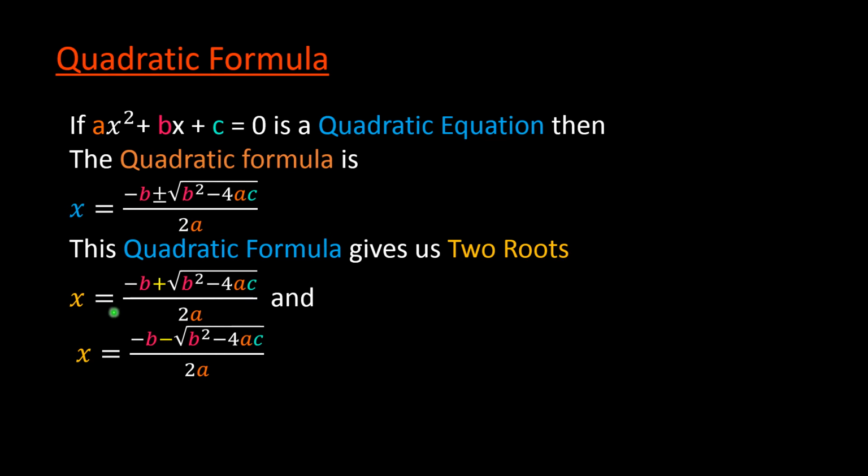In the first root there is a plus sign here, and in the second root there is a minus sign here. Now, by using the values of a, b and c in here, we can evaluate the roots of this quadratic equation. Now we will understand the derivation of the quadratic formula.